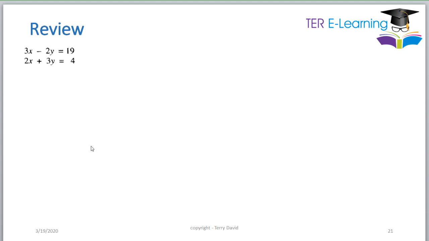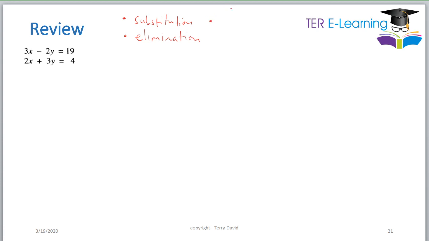All right, so sometimes CSEC might force you to use a method in order to solve a simultaneous equation, right? So I was saying there are 4 methods, right? First method is substitution. The next method is elimination, right?